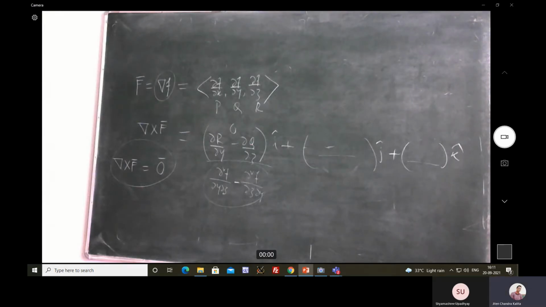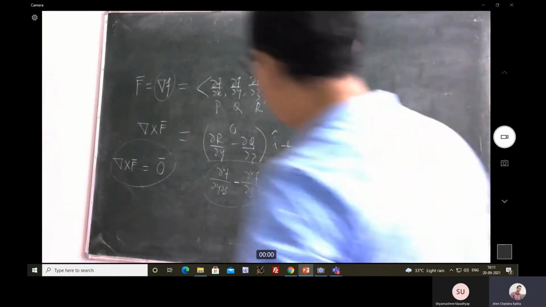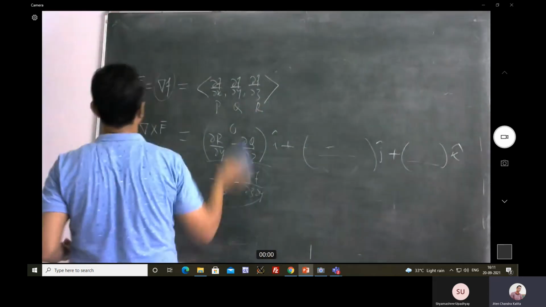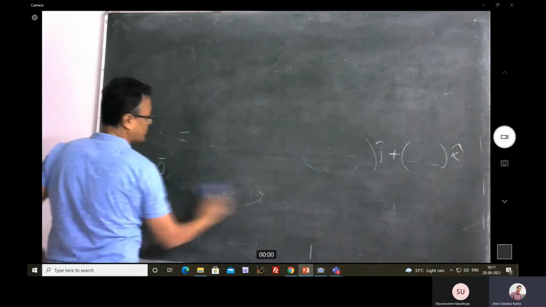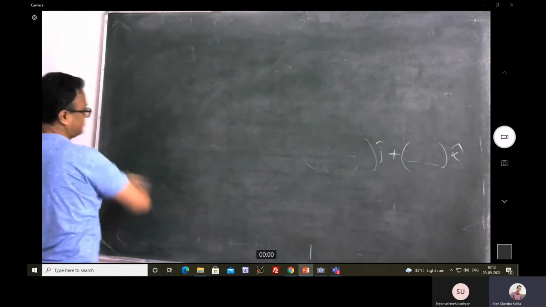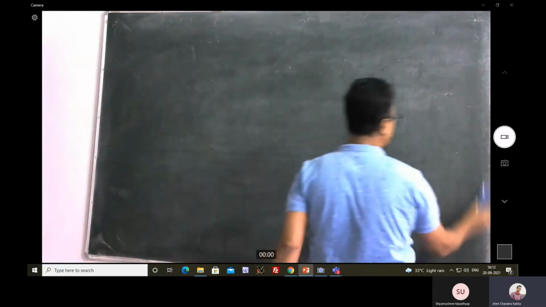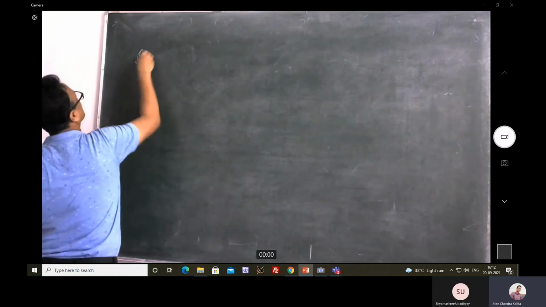And again, I haven't worked out any example on finding the curl of a vector function because that is very straightforward. You will have enough examples in your tutorial, so that is why I'm not working out any example. So now let us come to divergence.